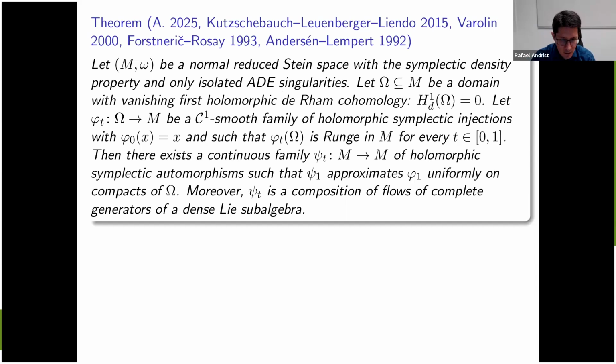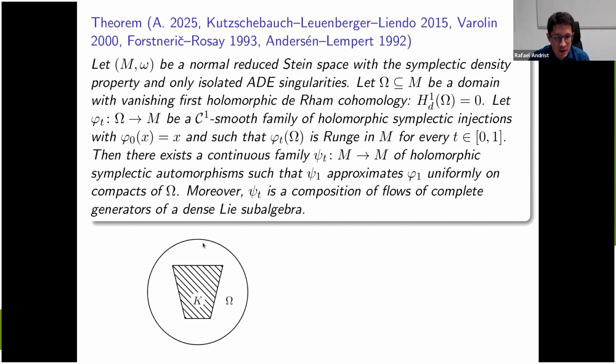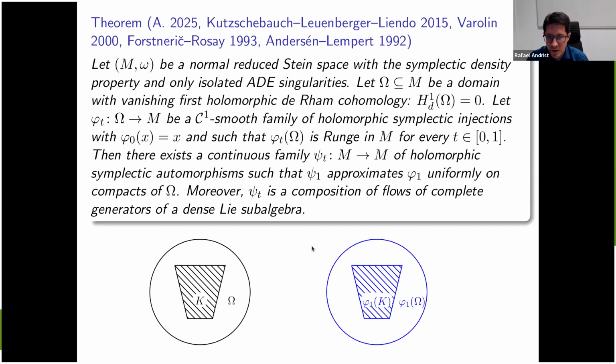So let me give some small pictures. We have some domain Omega. I fix a compact in this domain, and with respect to a metric, I fix an epsilon. And then I have some holomorphic injection, which in our case should also be symplectic, which starts at the identity and moves and deforms it.